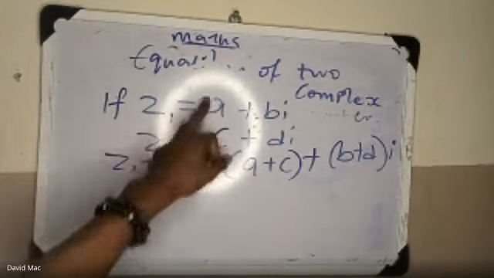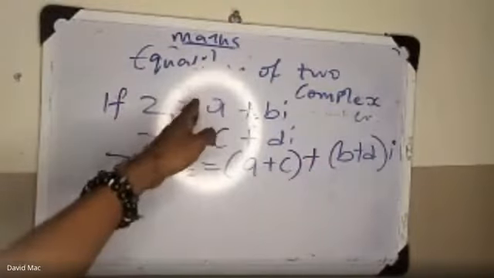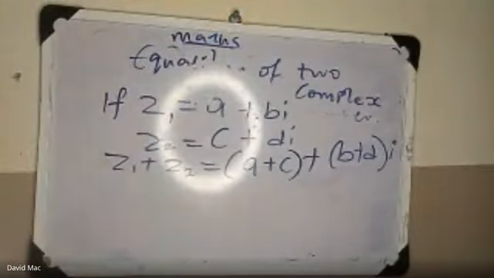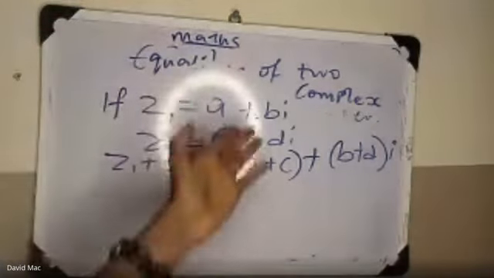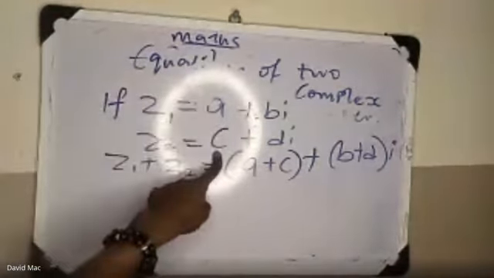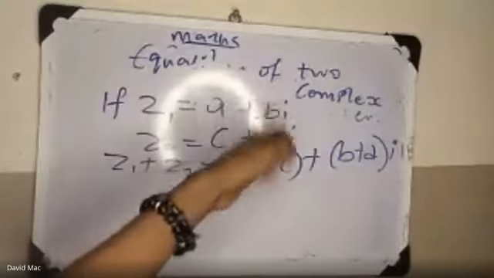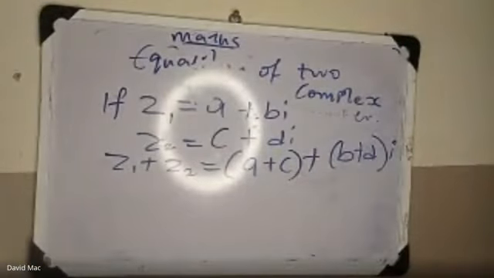Your a is adding to this c, the real number in the first complex number adding to the real number in the second expression, like a plus c. Then the imaginary part will be b plus d, with i outside.